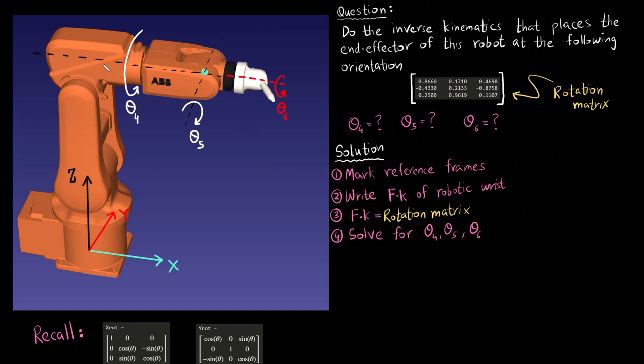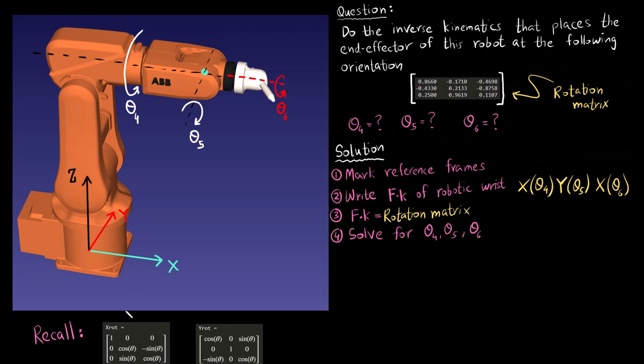So I know that there is going to be a rotation about the x-axis by theta 4. So it is going to be an x by theta 4, followed by a rotation about the y-axis by theta 5, and followed by a rotation about the x-axis by theta 6. So this is my forward kinematics of the robotic wrist.